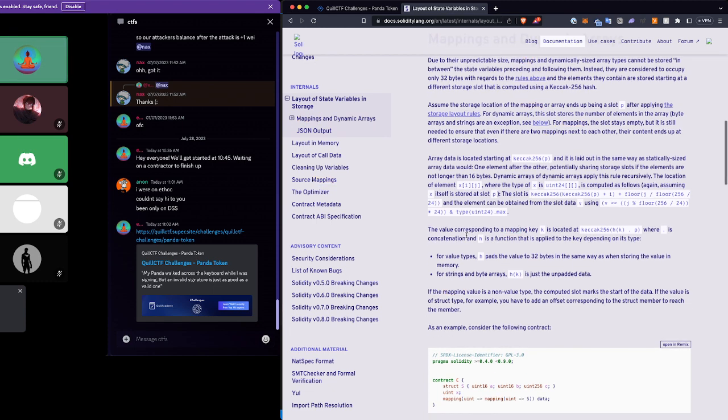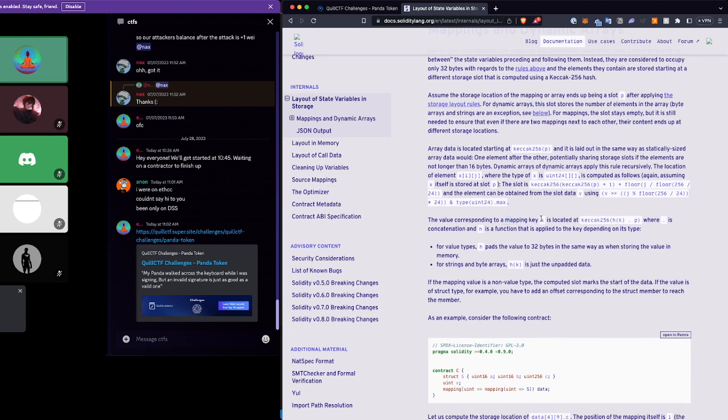So mapping here, the corresponding value of a mapping key k is located at the keccak256 of h(k) . p, where . is the concatenation, and h is a function applied to the key depending on its type. And for value types, it's just padding that to 32 bytes. So what we did here was we had h(k) was presumed to be 0.